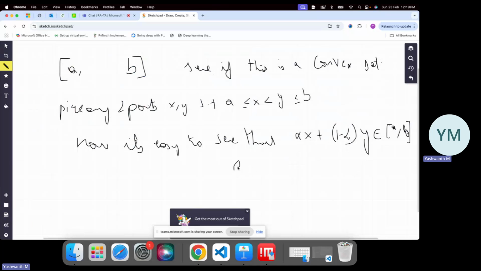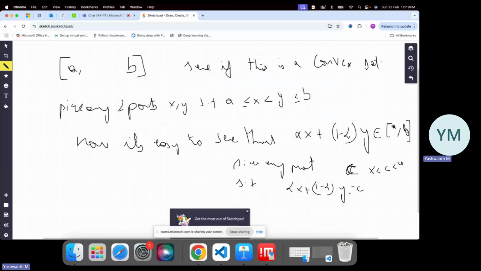So we can indeed pick any point c such that alpha x plus (1 minus alpha) y is equal to c, where x is less than c is less than y, and one can find the value of alpha corresponding to c.